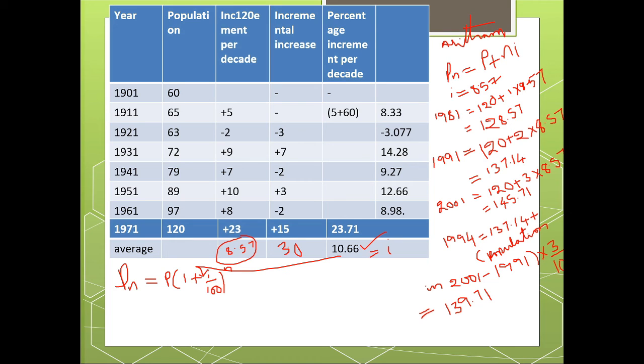If you are supposed to find out the population in 1994, how do you find out?